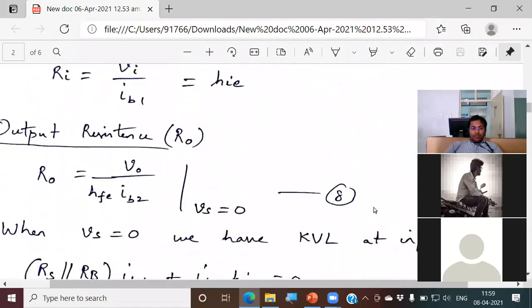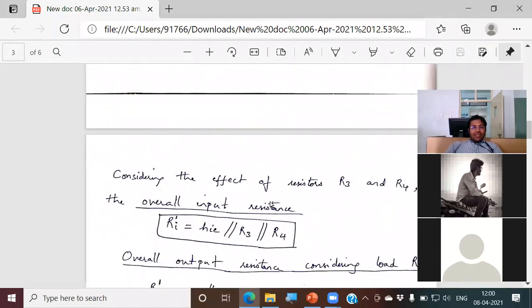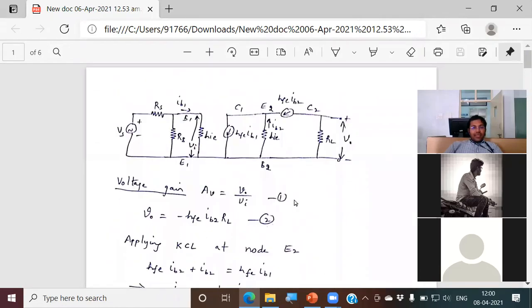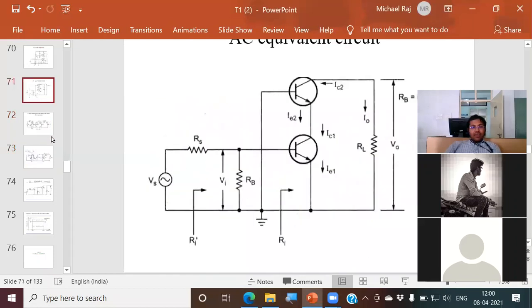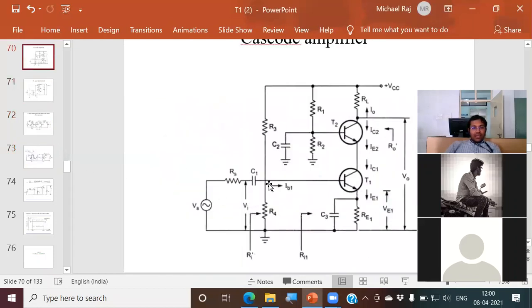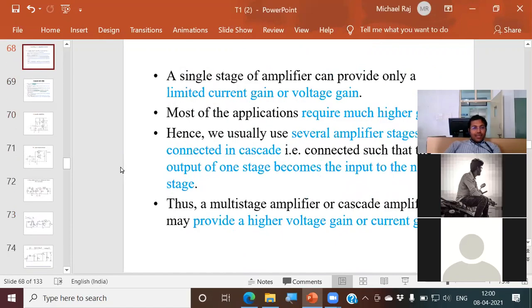Here we consider the effect of resistors R3 and R4. If you remember yesterday, when we considered the equivalent circuit, R4 was from this point to ground, and R3 was from this point to ground.